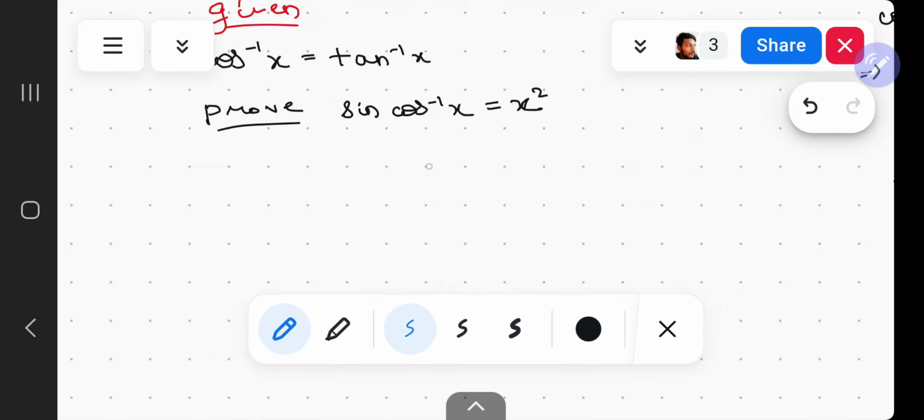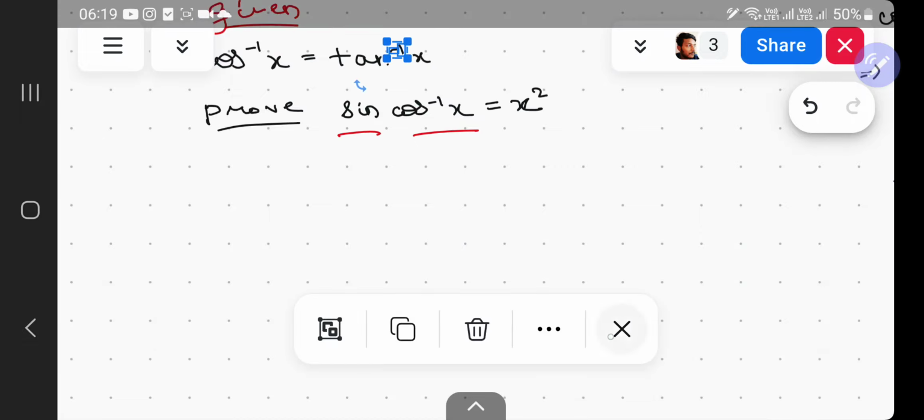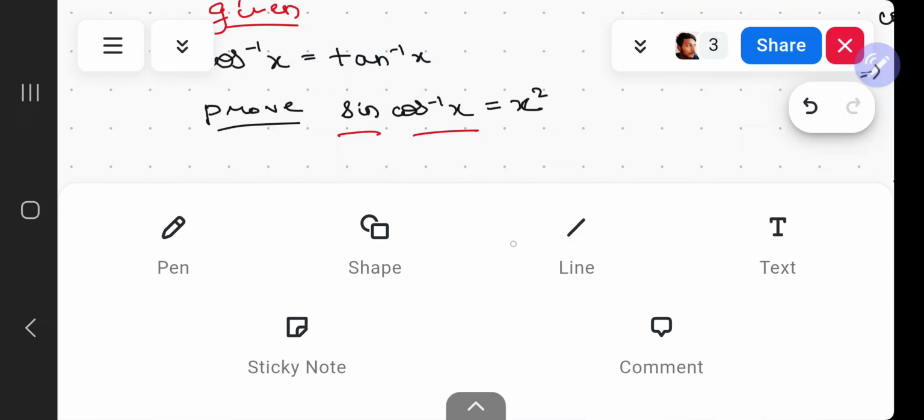So I'll tell you where to start problems like this. See, this is a sine and this is a cos inverse. So we will convert cos inverse into the form of sine here.